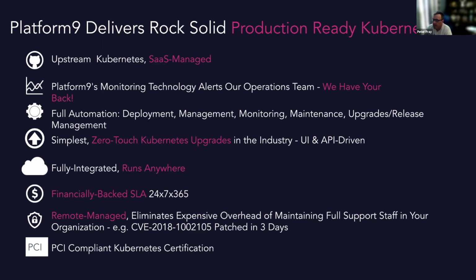We've got the tooling in place for deployment, management, monitoring, maintenance, upgrades. In fact, I'd say that Platform 9 has one of the simplest zero-touch Kubernetes upgrades in the industry, right? What that means is you go into your UI or you hit our API. You select the Kubernetes cluster you want to upgrade. You confirm it, and then you say go.